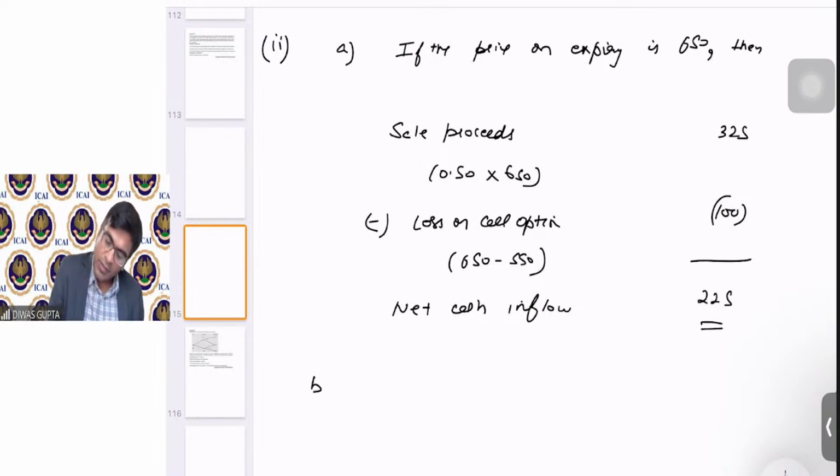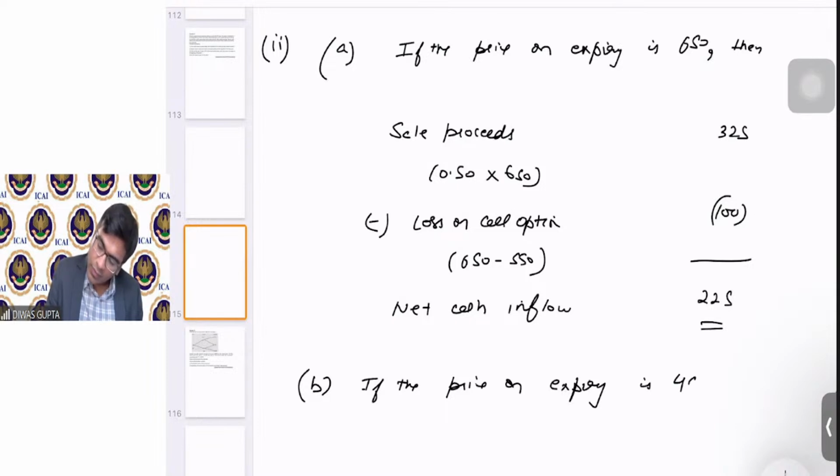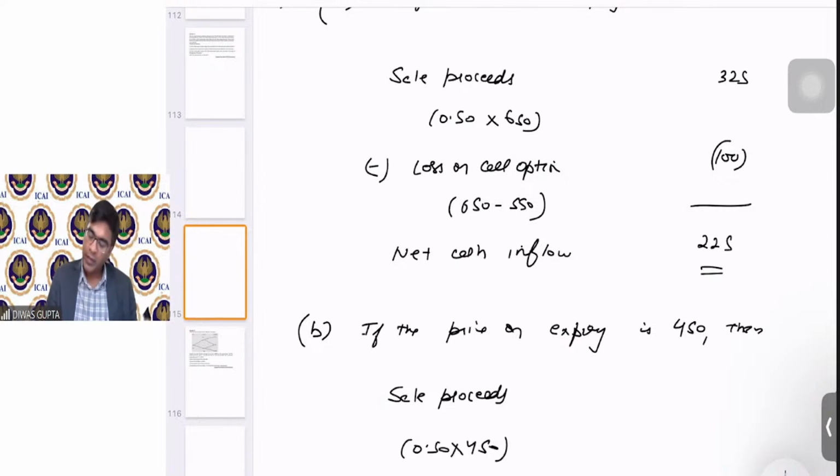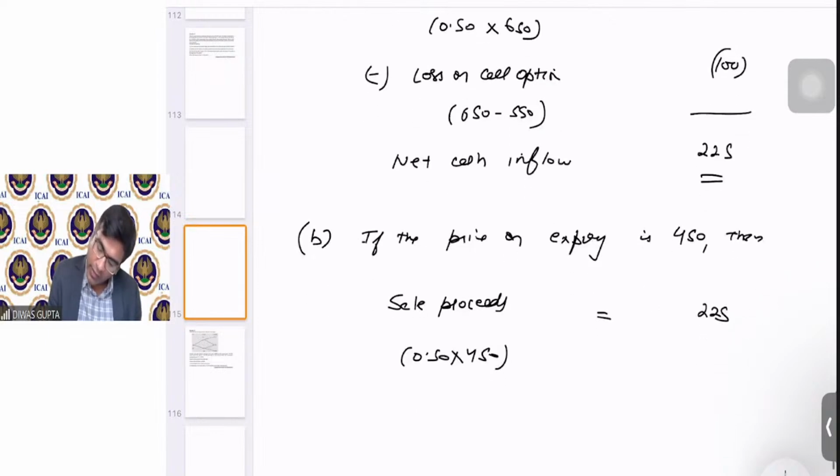Similarly, if the price moves down, if the price on expiry is 450, then sale proceeds I will still get, but at the rate of 450 now. 0.50 share on 450 is equal to 225, but I will not incur any loss on the call option.